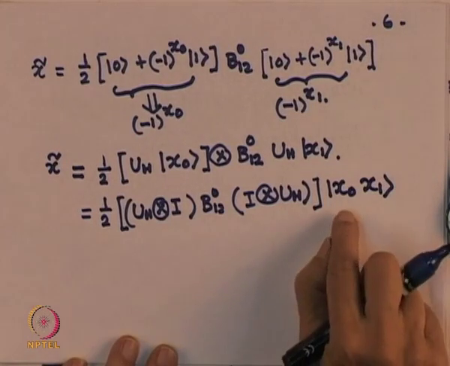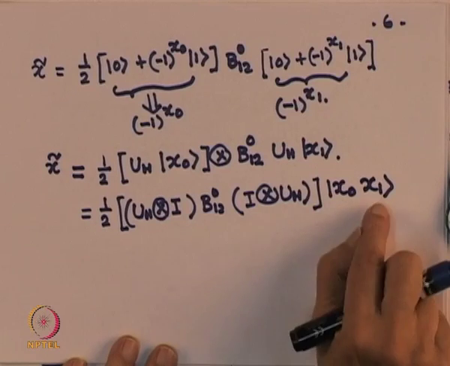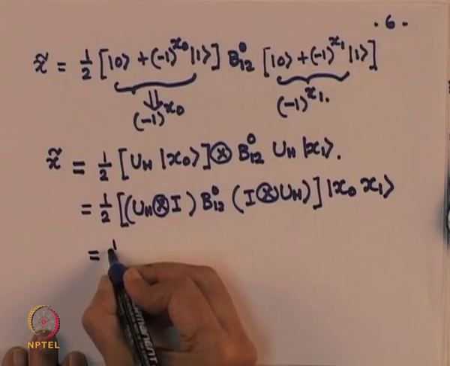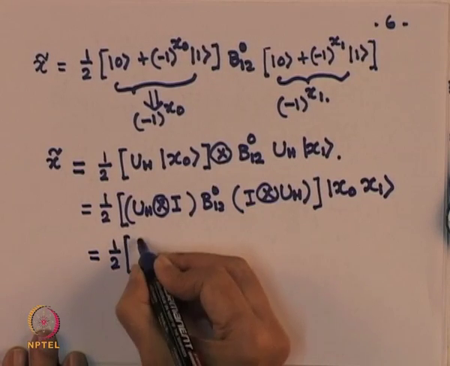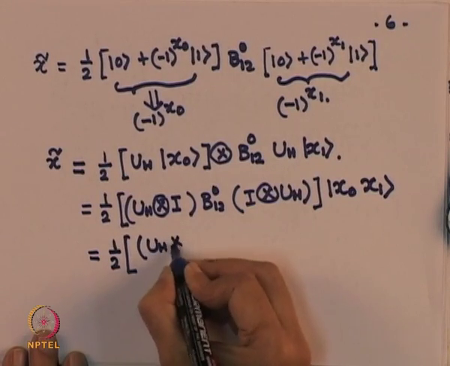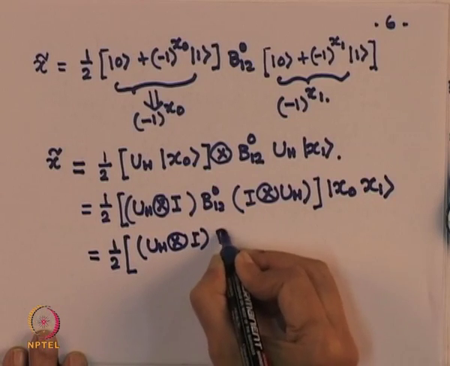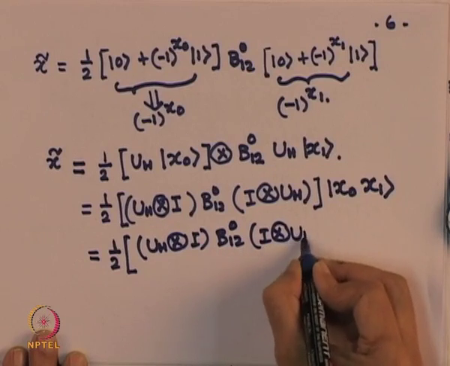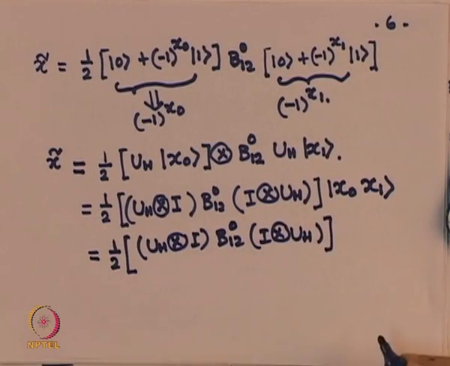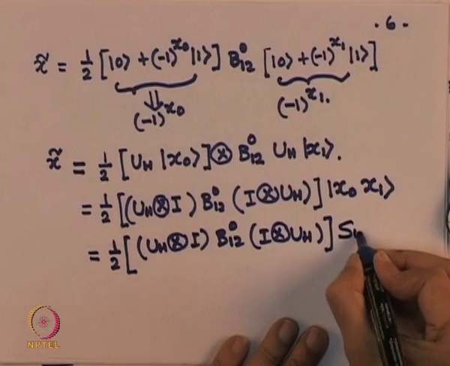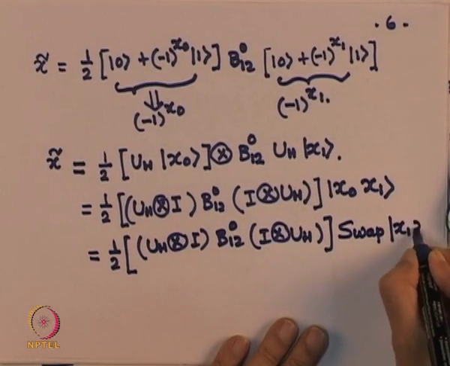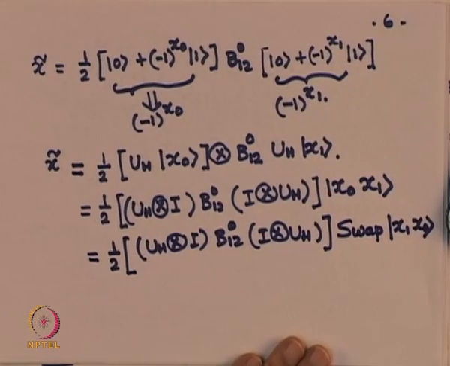But you realize that what we had was a state which had x1 x0. So therefore, I would write this as UH I, B12, else I swap x1 x0.